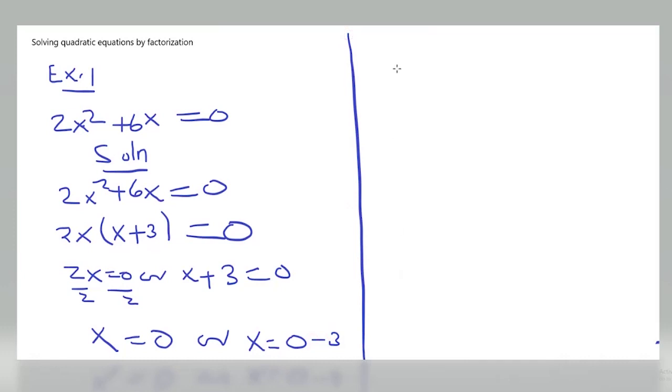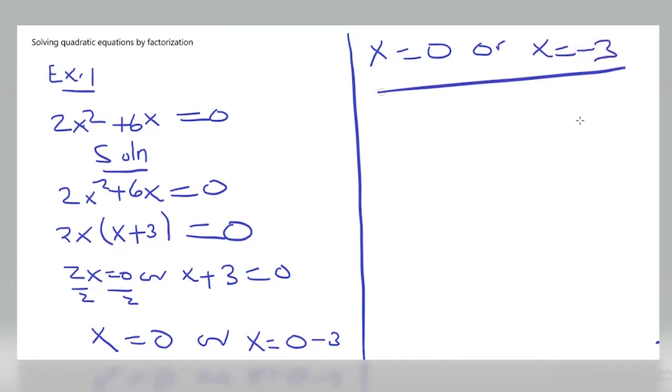Now the answers are either x is equal to 0 or x is equal to negative 3. So this is how we can do these kinds of questions.